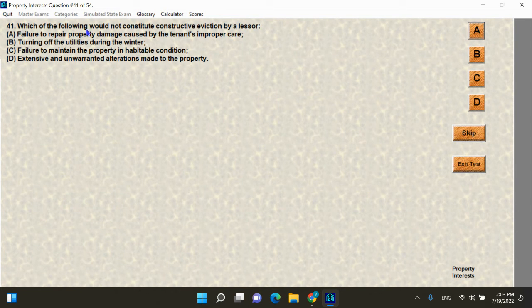41. Which of the following would not constitute constructive eviction by a lessor? A. Failure to repair property damage caused by the tenant's improper care. B. Turning off the utilities during the winter. C. Failure to maintain the property in habitable condition. D. Extensive and unwarranted alterations made to the property.